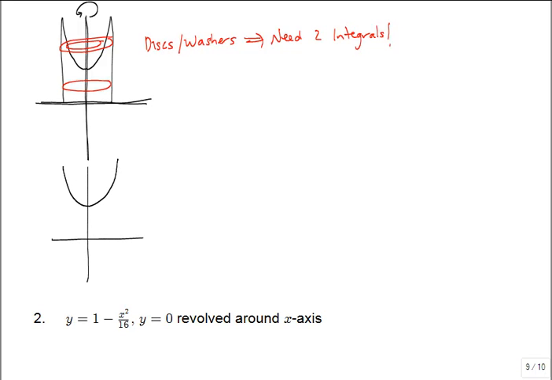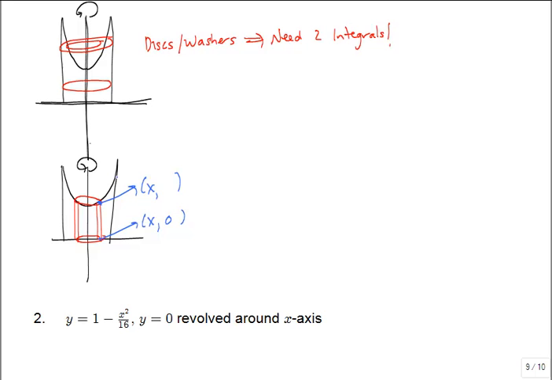So if we take this region and we use shells instead, our axis of revolution is vertical, so our slice should be vertical. So our shells would look like this. So the height is going to be determined by these 2 points. They share the same x. The bottom point is on the x-axis, so its height is 0.